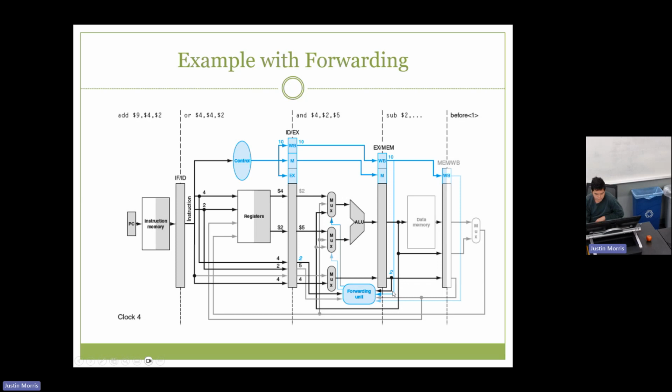So this result goes into both the first inputs as well as the second inputs of the ALU, and the forwarding unit sees here register 2 is the destination register, and from here register 2 was my RS.